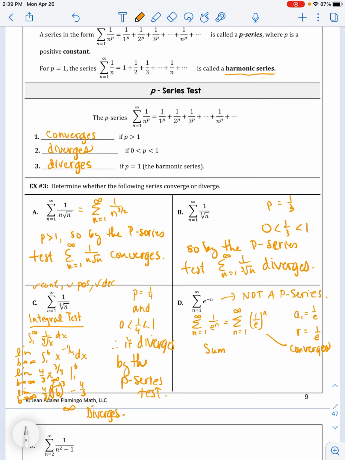So your sum does converge because your r is between 0 and 1. Your sum would be 1 over e divided by 1 minus 1 over e. So 1 over e divided by, this would be e over e minus 1 over e, so e minus 1 all over e, and then multiply by the reciprocal. And it converges to 1 over e minus 1.